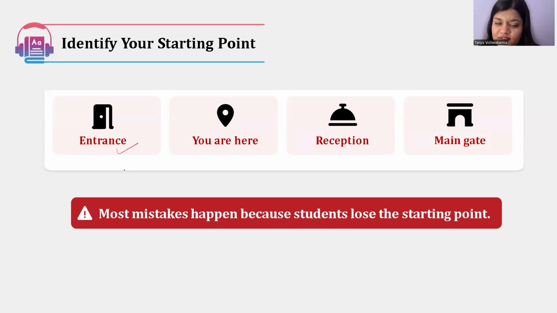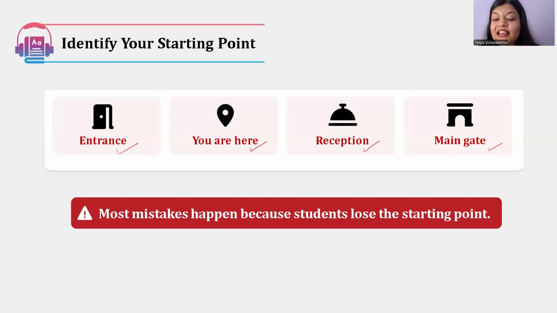So it can be an entrance. There are chances that they mark it, you are here, and from there only you have to start your answer. Reception can also be an entrance, and of course, it depends upon the kind of map you encounter. So they might give you entrance, they might give you enter, or they might give you welcome as a sign to enter into the map.